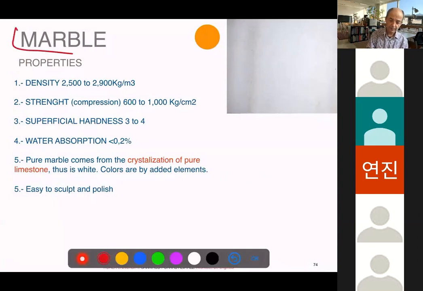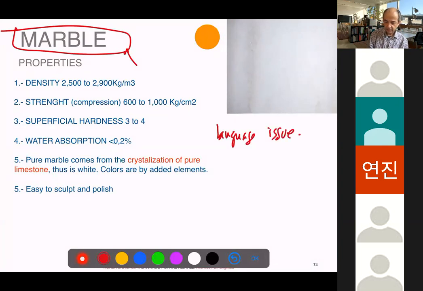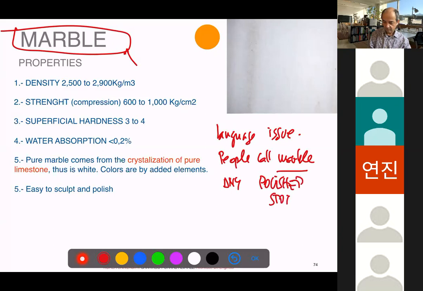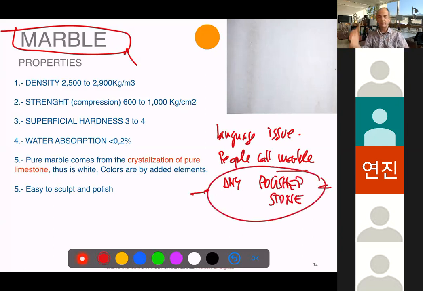Marble is the most popular, right? And see, marble is this stone. Be careful with it because it's kind of a language issue. People call marble any polished stone, be it a granite or limestone, whatever.